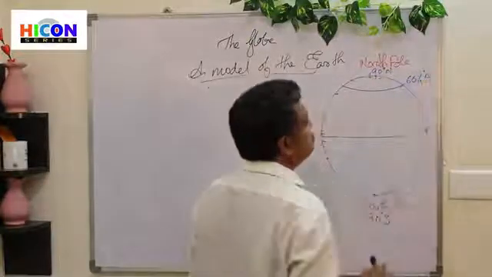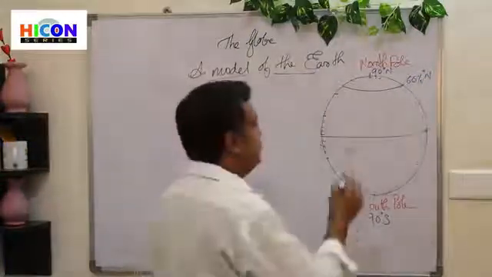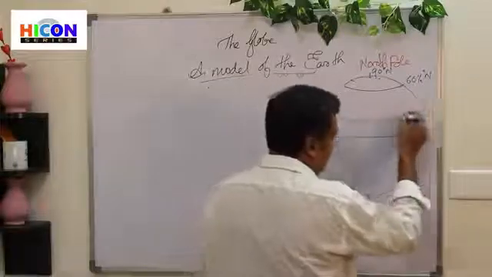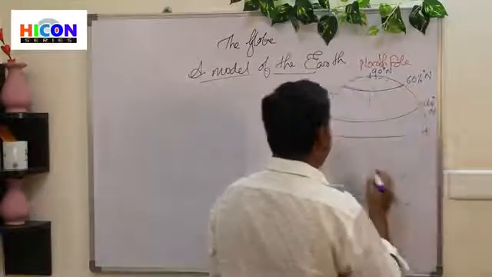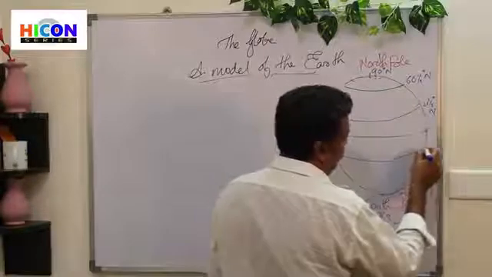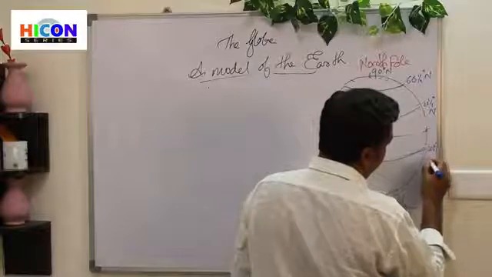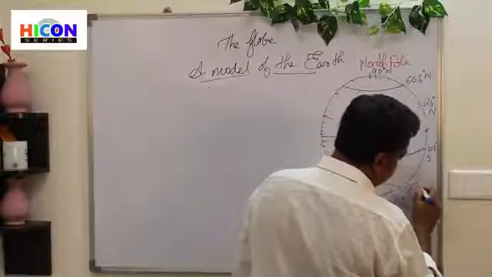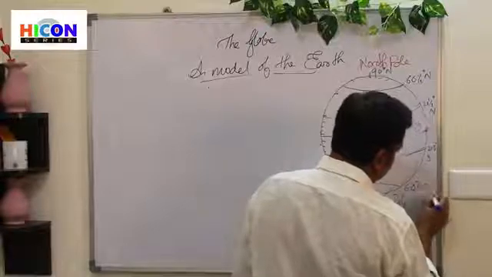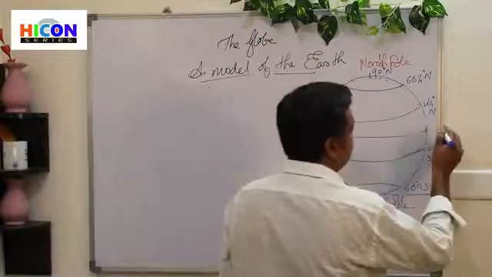66.5° north is one. The second is 23.5° north. Then 23.5° south and 66.5° south. This is 0°.